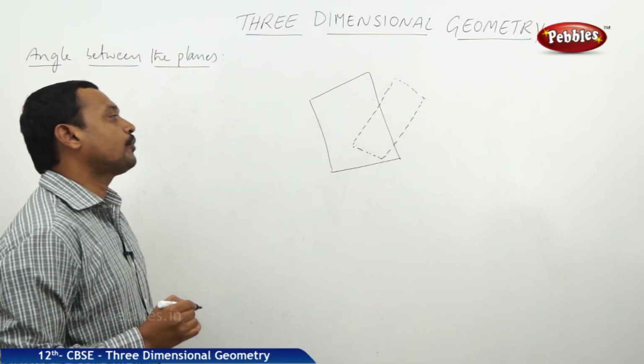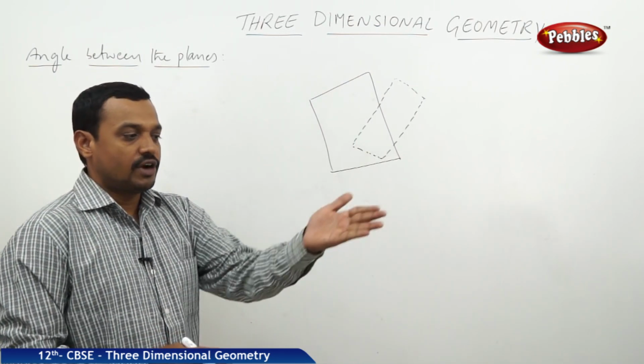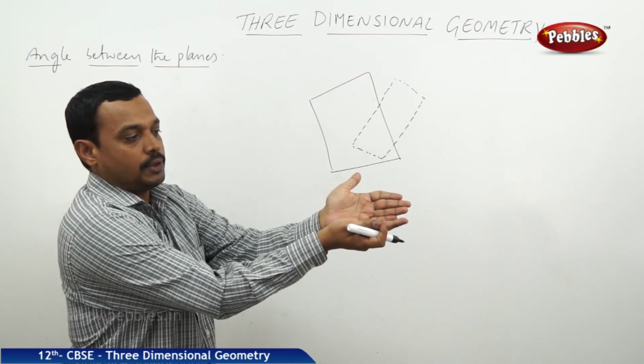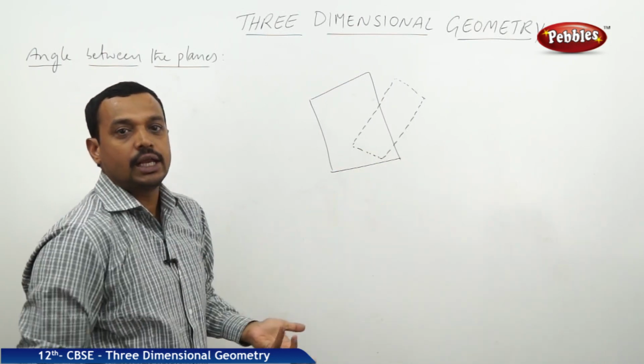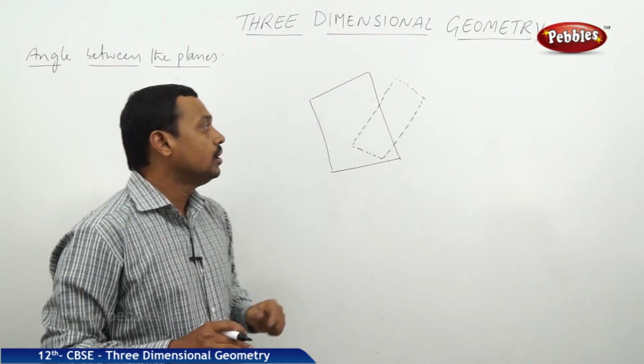Then how to find the angle between them? Now how to measure the angle between them? The angle should be found between two lines only.